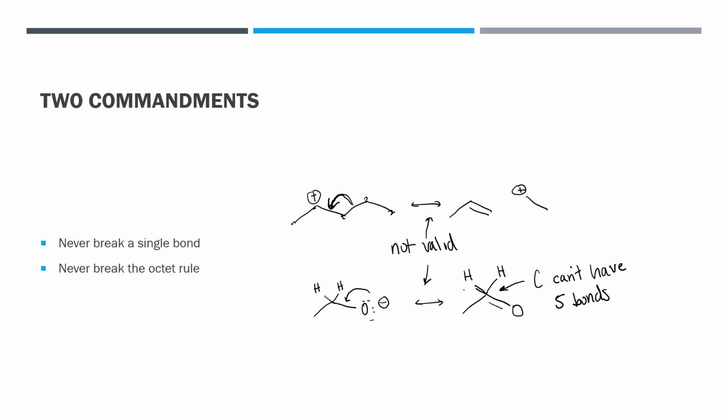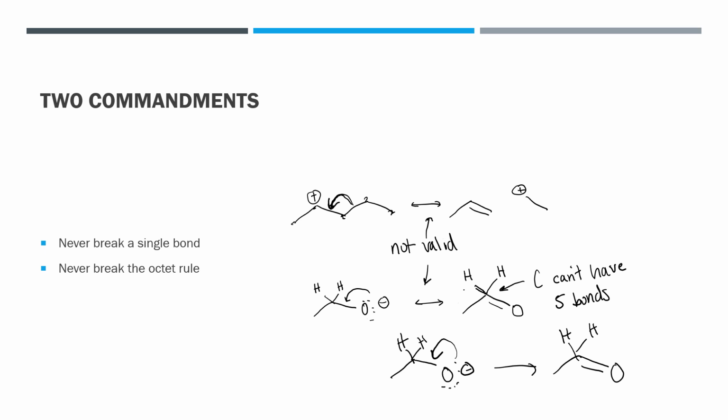Okay, so we can see here that we have a negative charge on this oxygen, and our fake resonance structure that's wrong is this, where we have a double bond, and we've pushed our electrons to form a double bond. But remember that we had 2 hydrogens here before, because each carbon is implied to have 4 bonds.